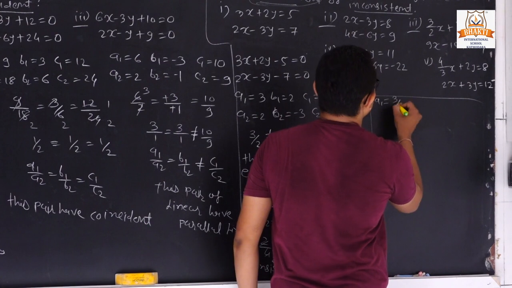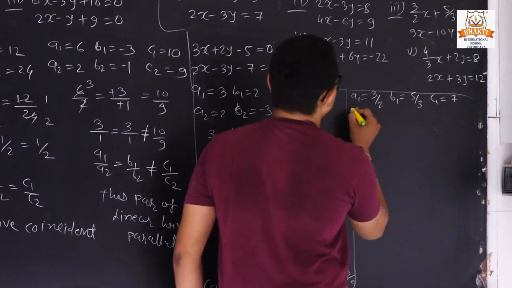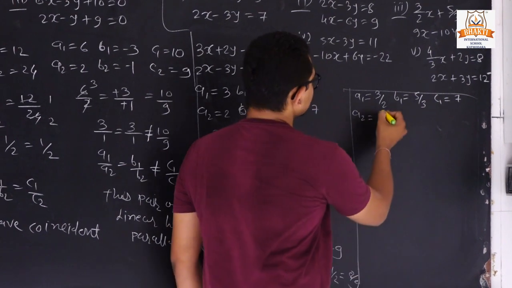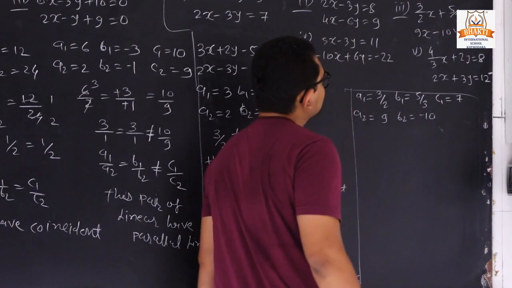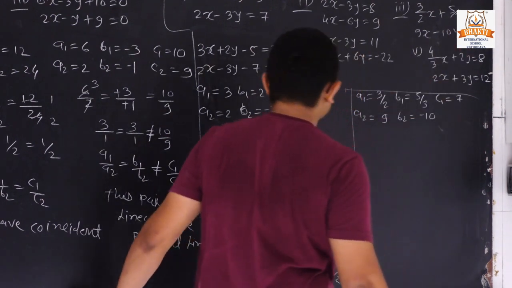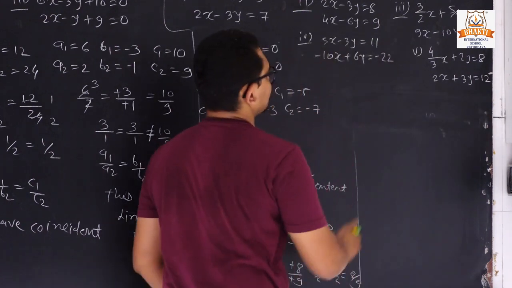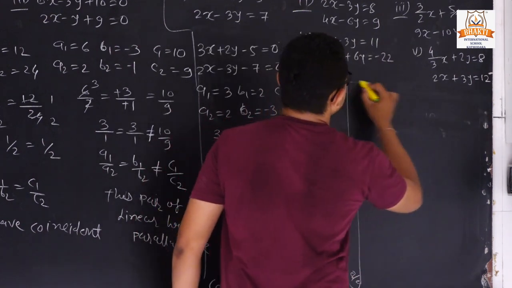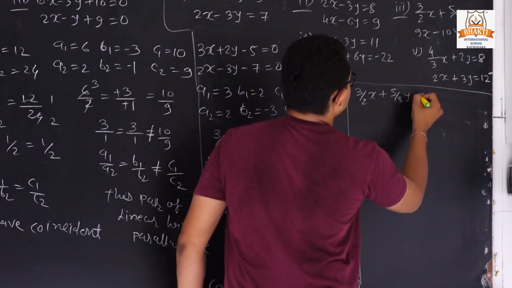Now third, A1 is equal to 3 by 2, B1 is 5 by 3 and C1 is equal to 7. A2 is 9, B2 is minus 10. If we have this kind of equation, first of all we convert into the standard form. So first of all I am writing this equation, 3 by 2 x plus 5 by 3 y is equal to 7.